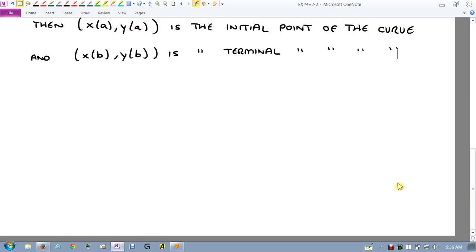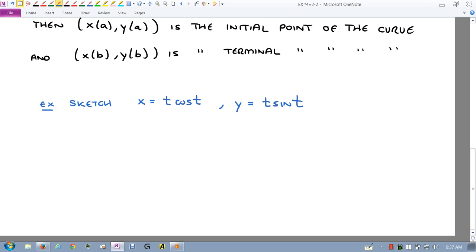Let's do one more example. This is an example just to use your graphing utility. Sketch x equals t cosine t, y equals t sine t.